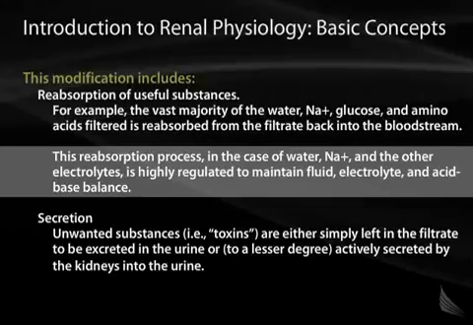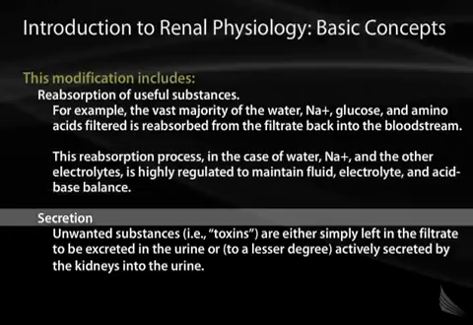The reabsorption process in the case of water, sodium, and the other electrolytes is highly regulated to maintain fluid, electrolyte, and acid-base balance. This allows the kidney, depending on the dietary intake of water, sodium, or other electrolytes, to modify that so that electrolyte and water balance are maintained within a very fixed specific range.